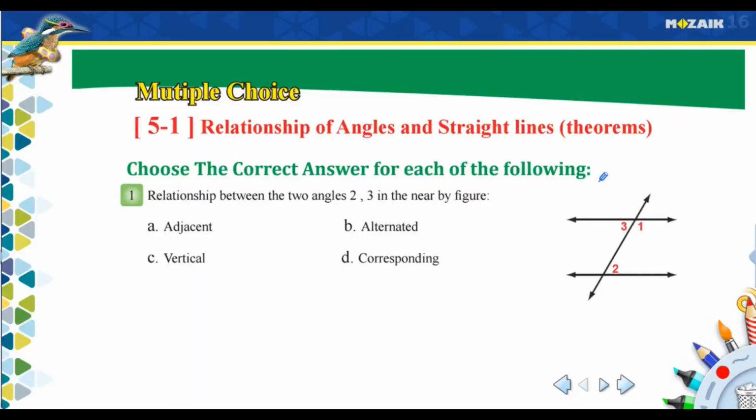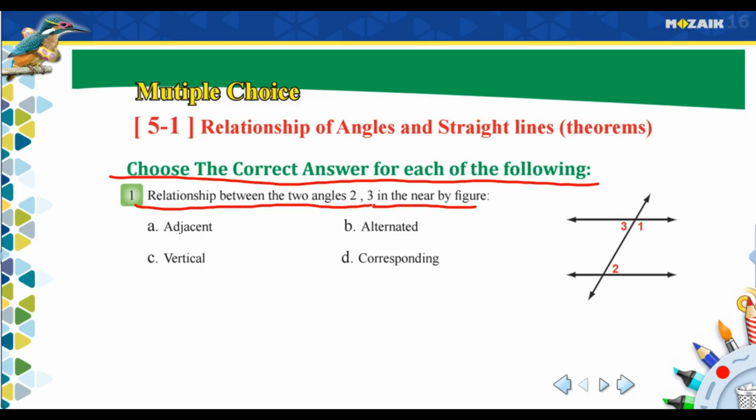Multiple choice. Choose the correct answer for each of the following. The relationship between angles 2 and 3 in the nearby figure. That is measure of angle 2 and measure of angle 3.